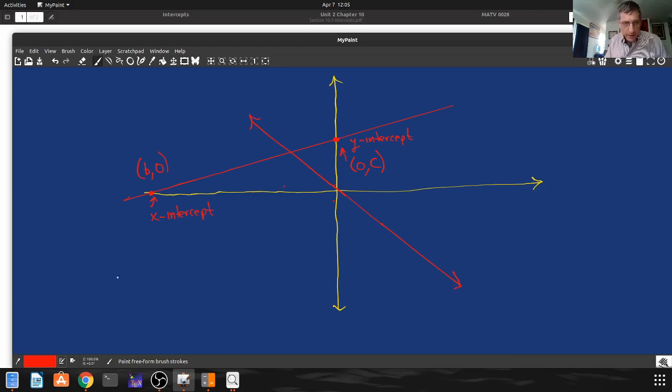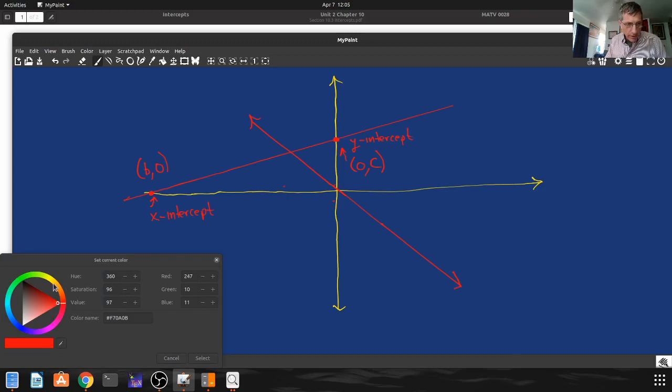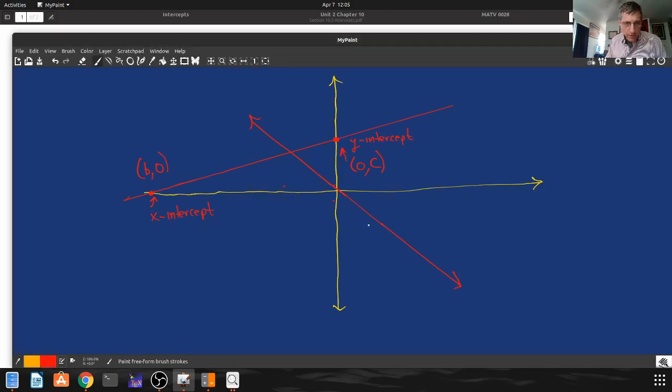Now this line that I drew here, let's take note that the intercept, both x and y, is the origin. So this line here goes through the origin, which is just another way of saying it goes through 0, 0.